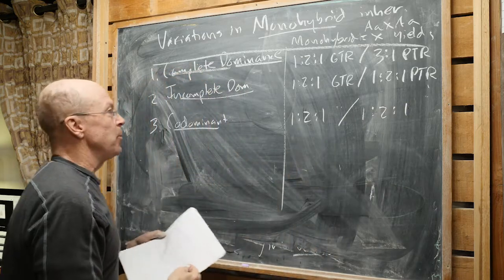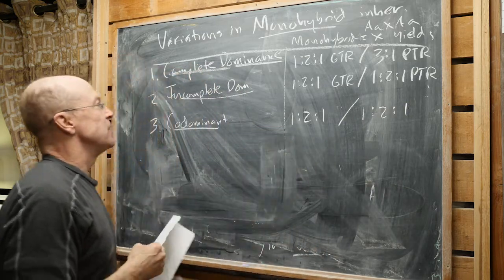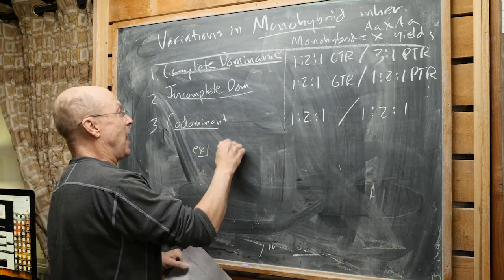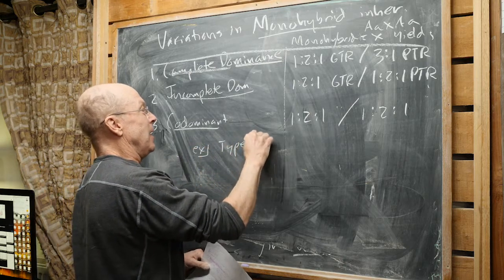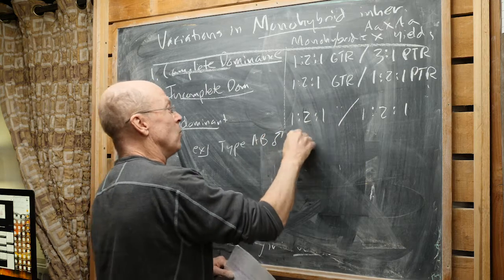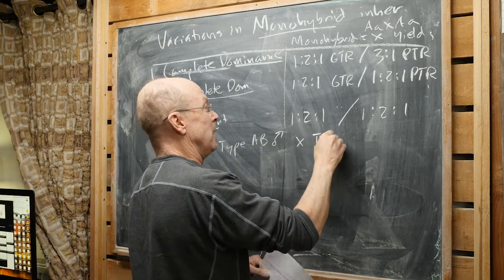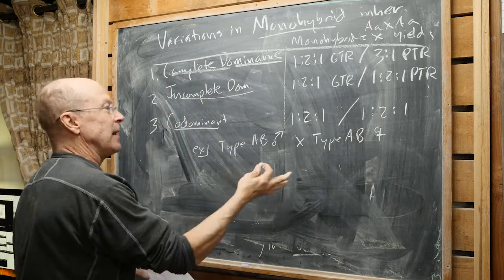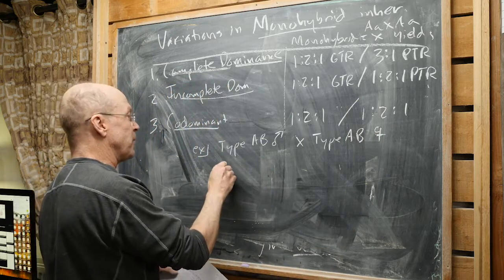Let's do an example of this just to see. I'm just going to insert an example. We have a type AB male reproducing with a type AB female. So let's set up the cross.